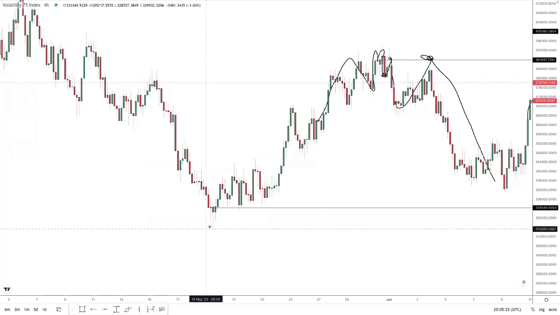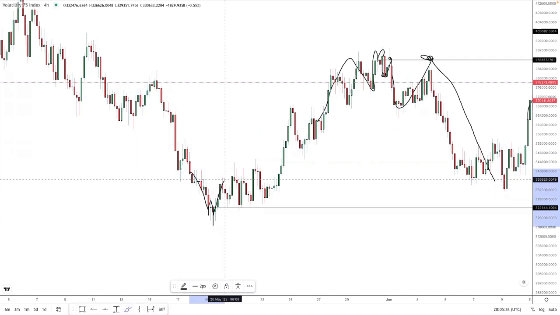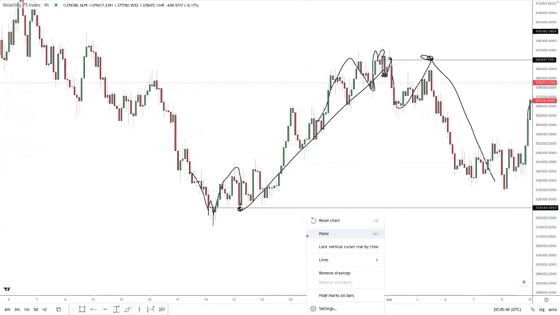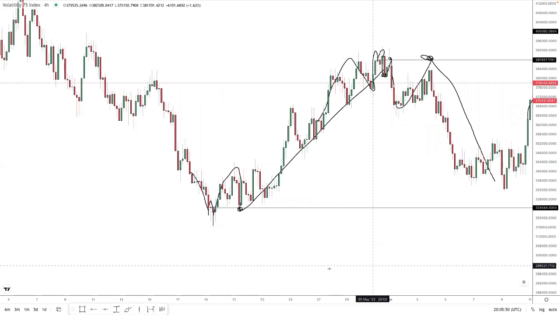Right here, we had this rejection, this pullback. We had this high, we made a low, we came to break structure. After price breaking structure, price came to respect our invalidation point. That's when we had this buy trade. So that's on the invalidation.